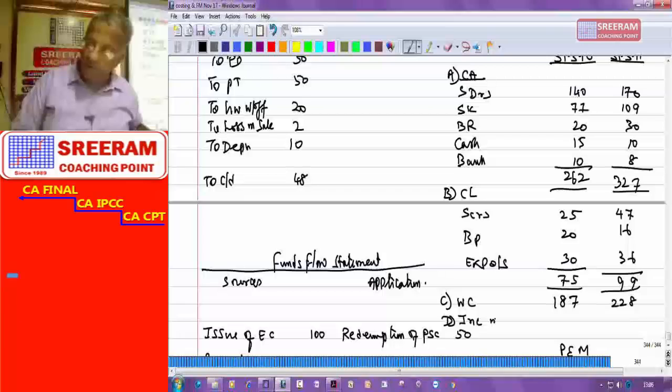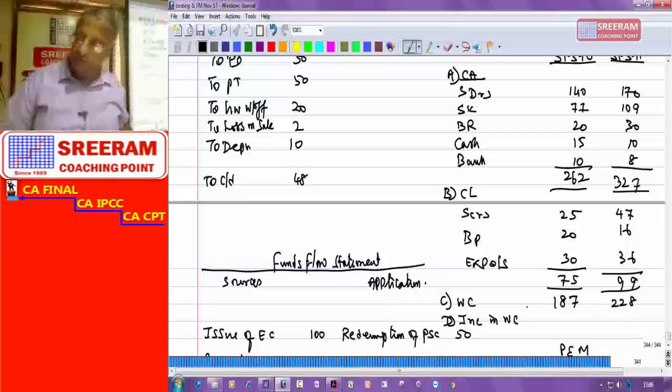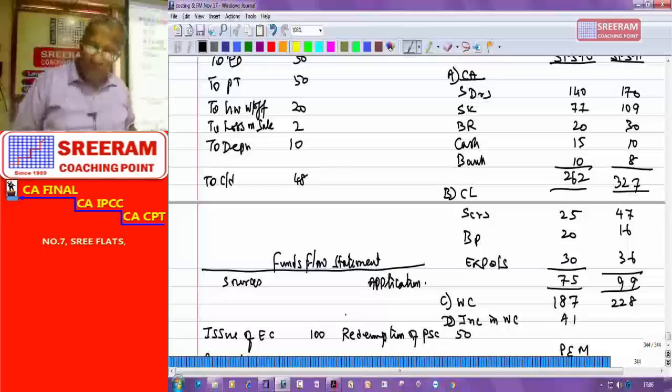Increase in working capital, how much? 41. So, increase in working capital 41.